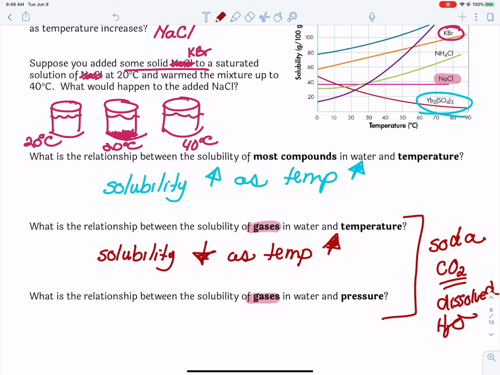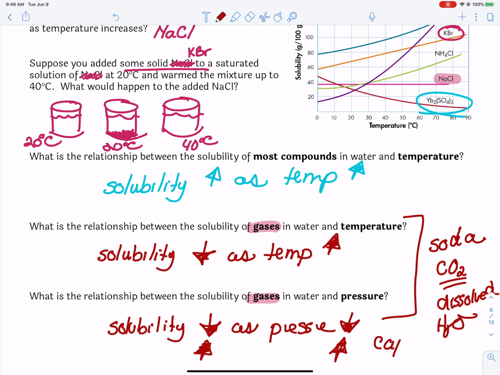If you leave a bottle of soda open, that is decreasing the pressure because it's just atmospheric pressure. And we would know that that would then go down. So the solubility decreases as the pressure decreases, or you can think of it exactly the opposite. The solubility increases as pressure increases. That's why you have to leave the cap on the soda in order to keep that carbon dioxide dissolved.